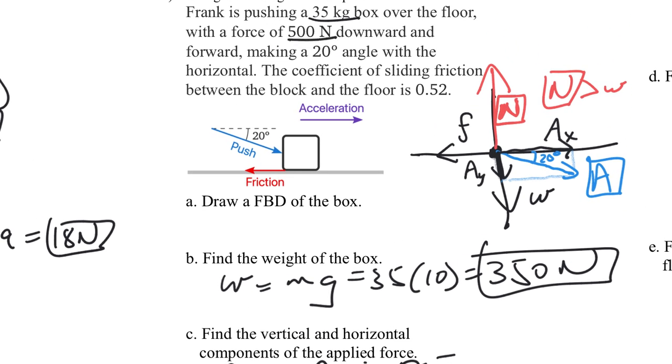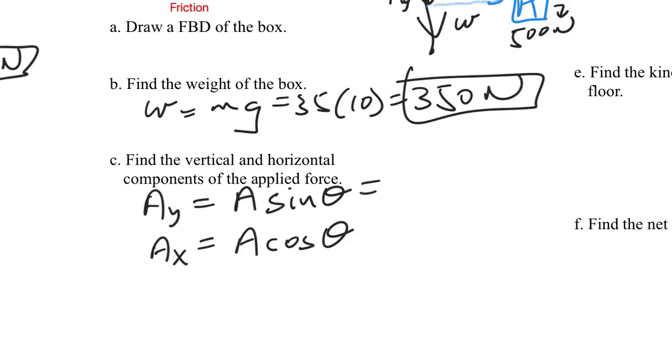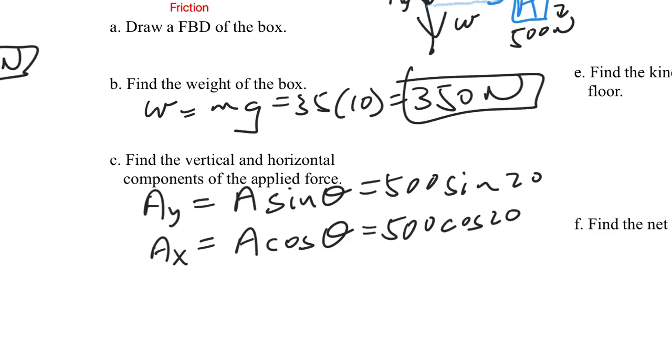I didn't write that. So AY is 500 times sine of 20, whereas AX is 500 cosine of 20. Those equations in the Q form are on your equation sheet. So those are the calculations right there.